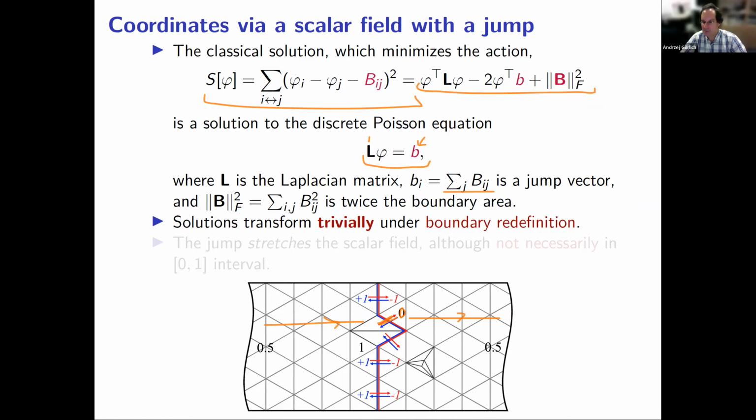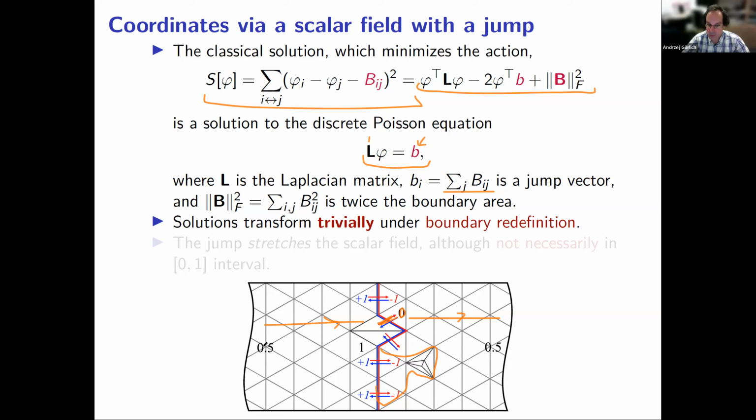You can also have some bubbles, and then it's possible that the value is, for example, from 0 to 1.5, but you can always redefine your boundary so that it's always between 0 and 1, and that's because it's on S1. So, for example, the circumference is 1, so value 1.5 is the same as 0.5.